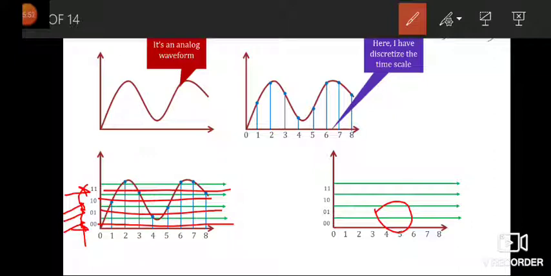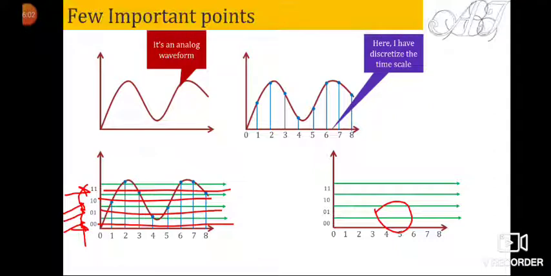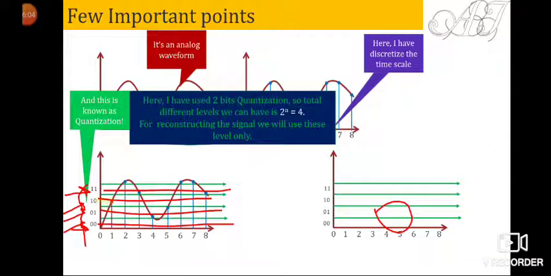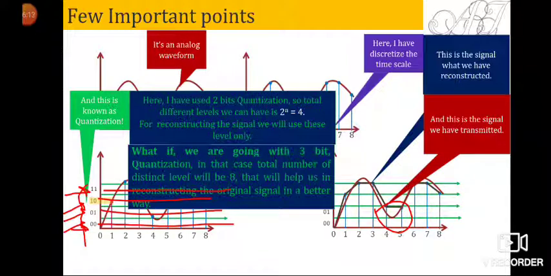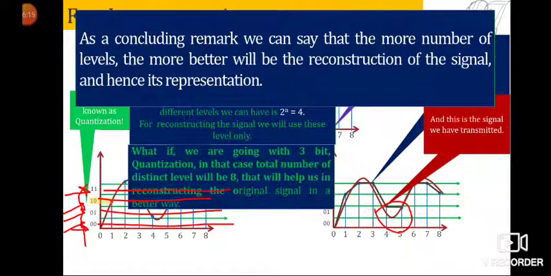If I have 8 different levels, I can represent my signal, or that approximation will be finer, and that will help us in reconstructing the original signal in a better way.